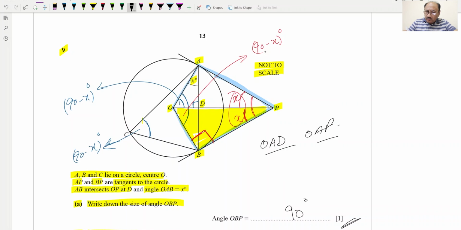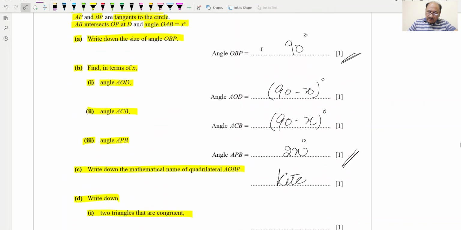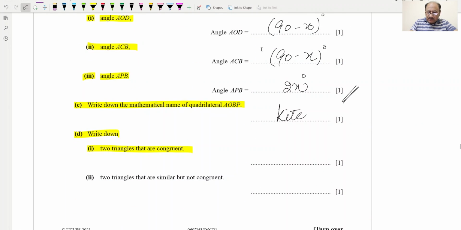So these two pairs we can write. For this answer it will be OAP, and this will be congruent to OBP, which we can write as the answer. No working is required for this one, your understanding is required.